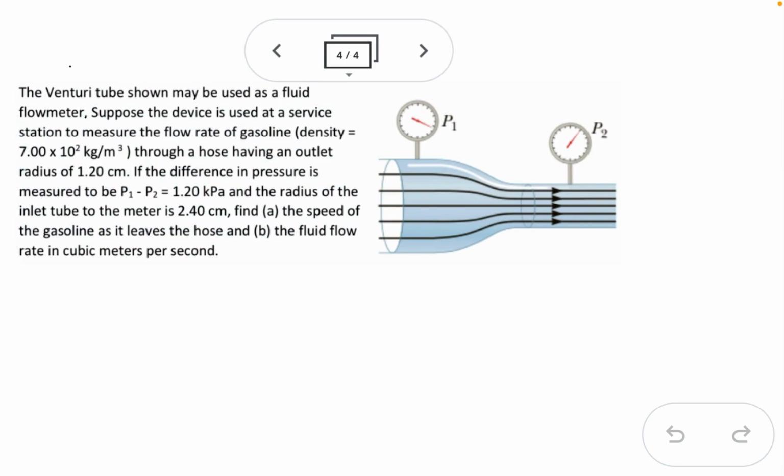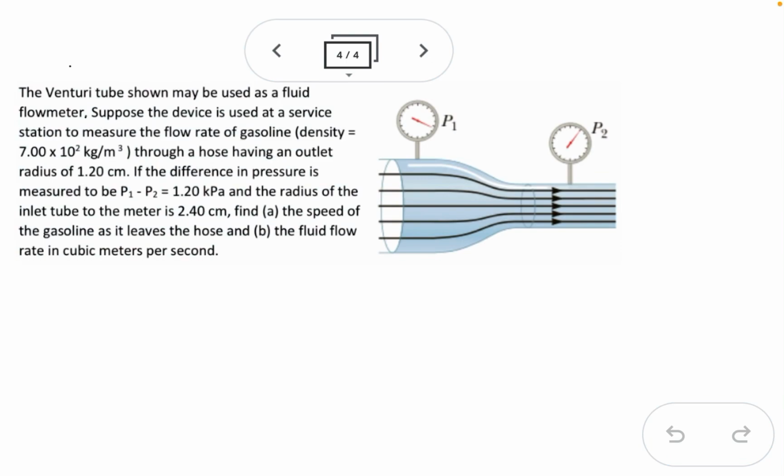The density of the gasoline is given, and now they are saying that if the difference in pressure is measured to be 1.2 kilopascals and the radius of the inlet tube to the meter is 2.4 centimeters, they want us to find the speed of the gasoline as it leaves the hose.